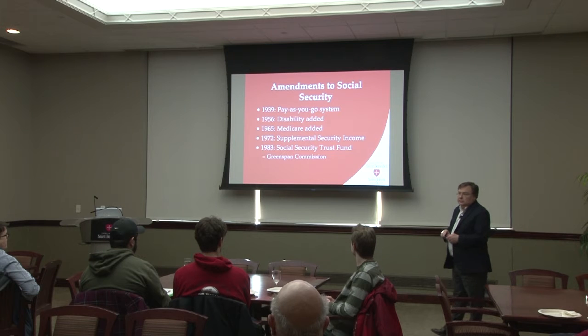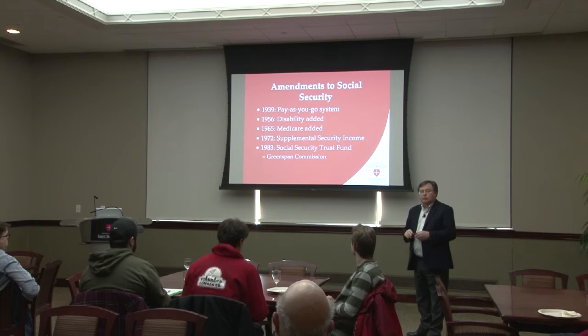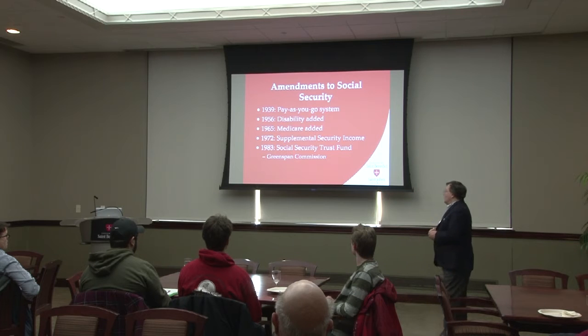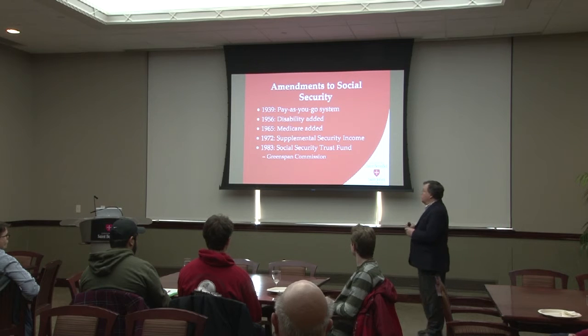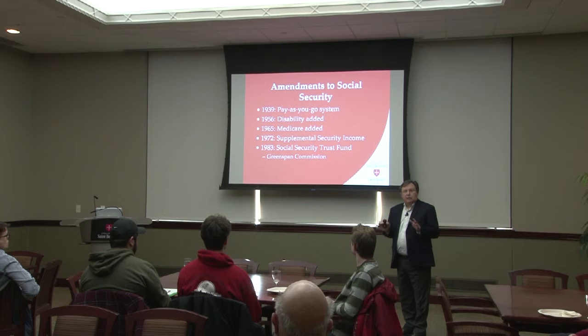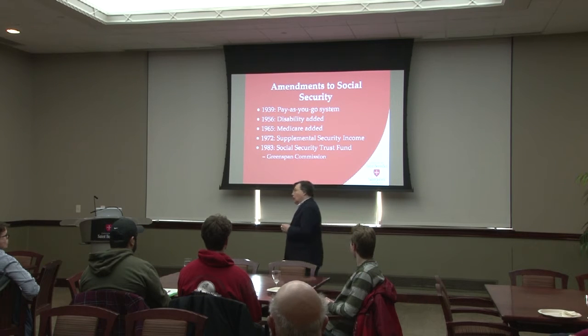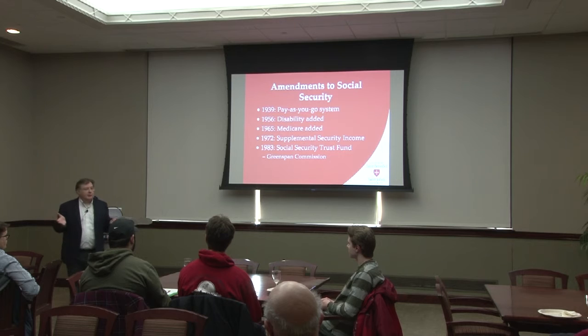Probably the biggest set of amendments outside of 1939 and 1965, when we had Medicare, was the group that were passed in 1983. These are sometimes known as the Greenspan Commission recommendations for the creation of what today we call the Social Security Trust Fund. Here's the basic issue. I was born in 1960. Many of you were born in the period between 1945 and 1964.